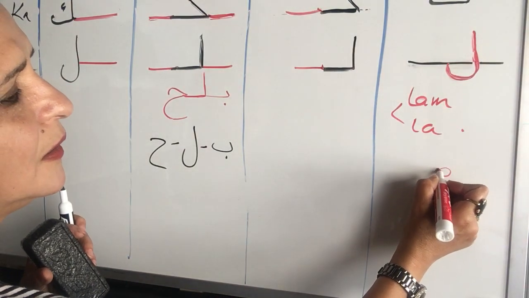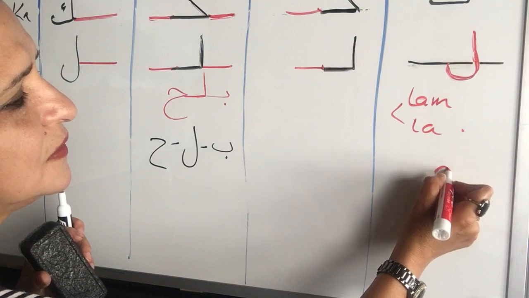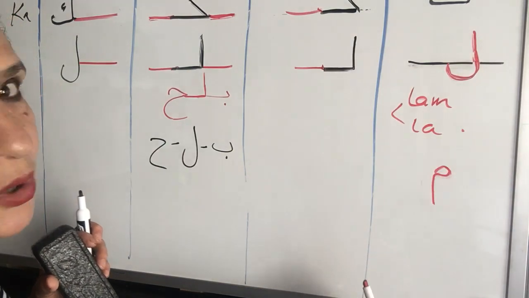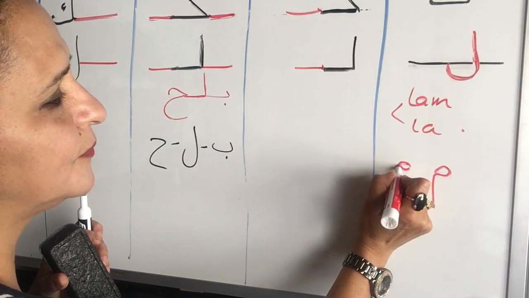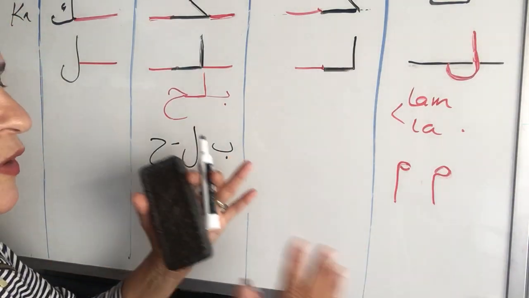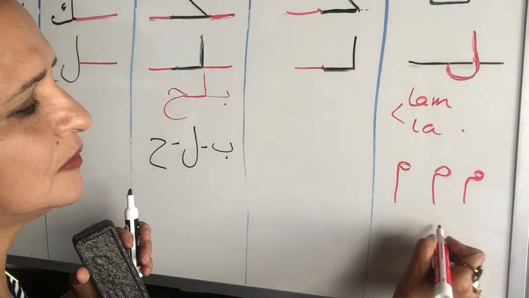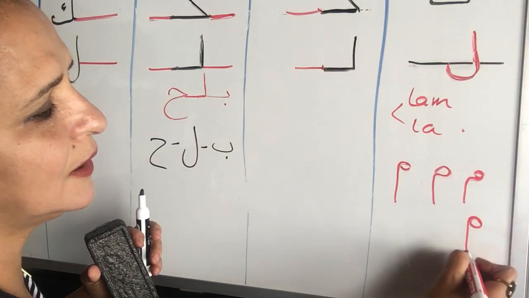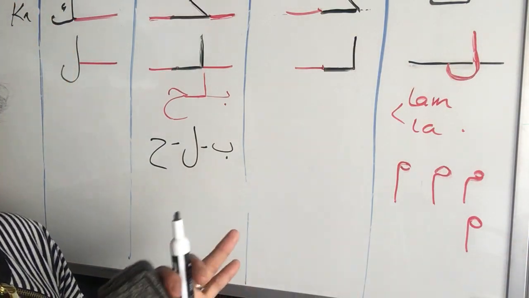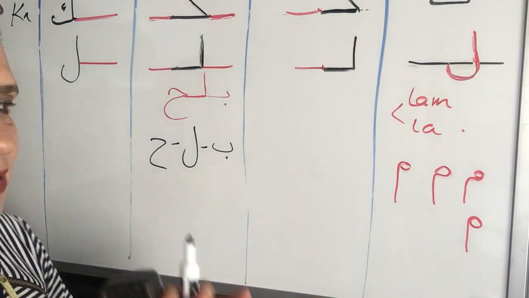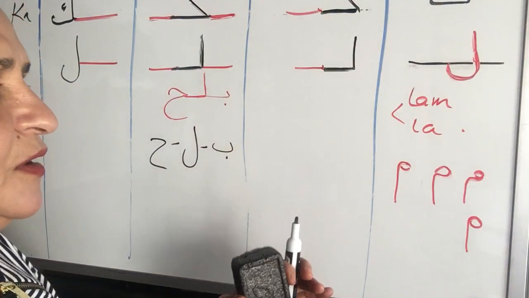Ma, 2 ways. Either you do this or you do that. Whatever you want. Like this or like that. This is mim. Mim, the sound M, isolated by itself.